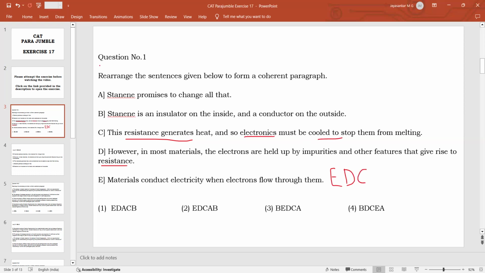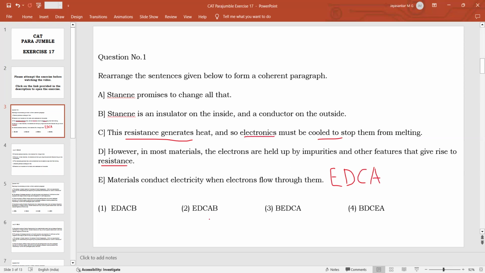Then we have two statements. Stanene promises to change all that. So what is that? Stanene promises to change all these problems that we have discussed in the sentences EDC. So you can very easily say that A will be the next sentence, EDCA, right? Now, stanene is an insulator on the inside and a conductor on the outside. So where can we put this statement?